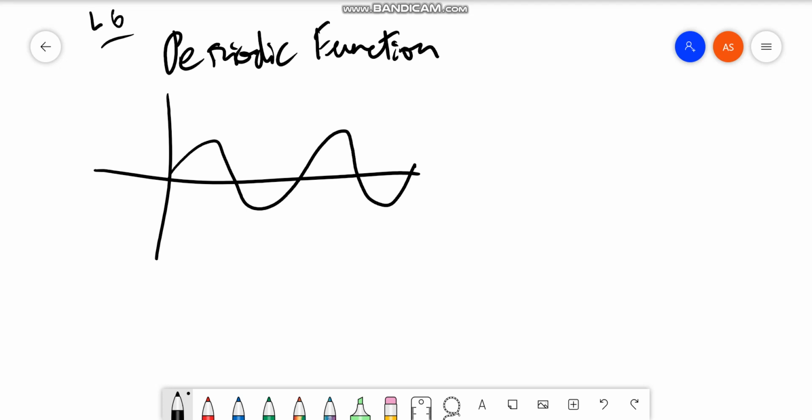And a period is the distance from one point in the graph to another similar point.